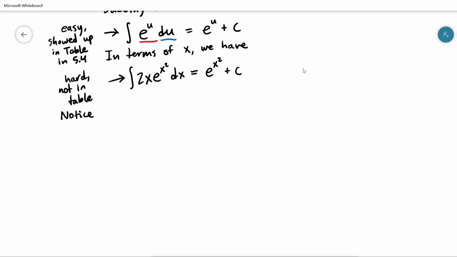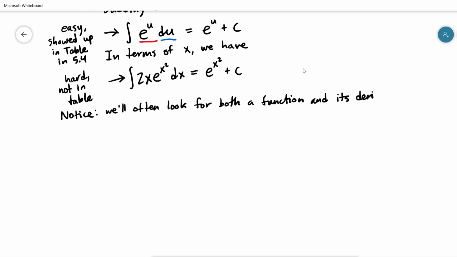So notice, we often look for both a function and its derivative in the integrand of what we're trying to compute. So if you see that, this is a hint to use this substitution approach.